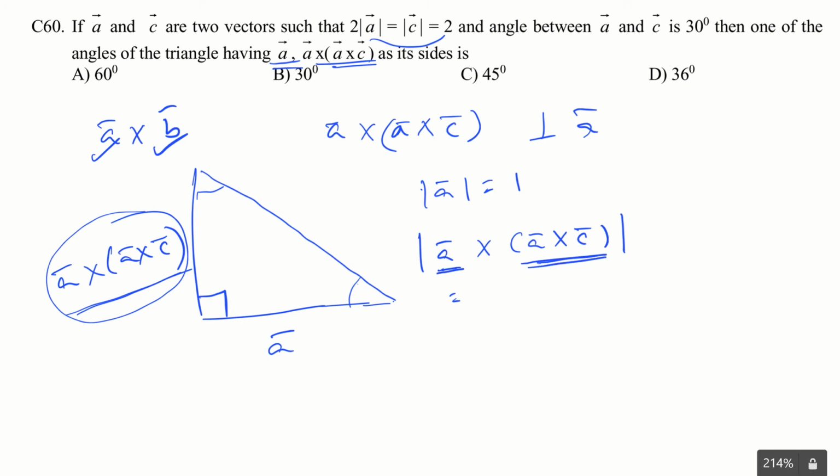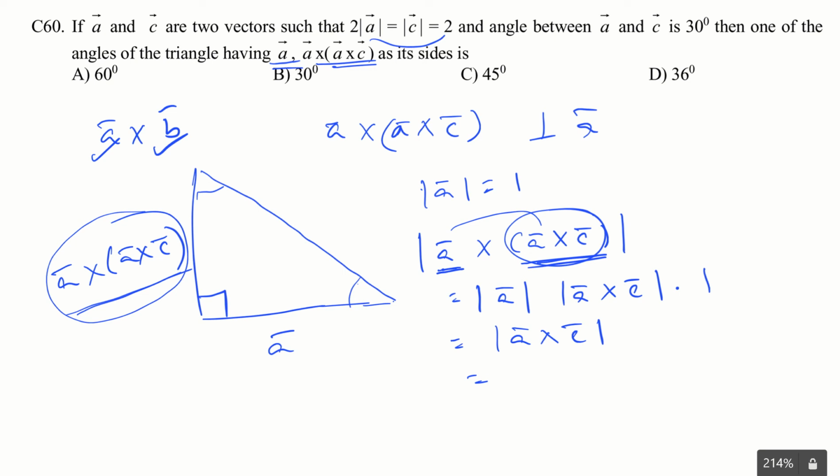Treat it as mod a bar into mod b bar into sine of the angle between them. Obviously this vector is perpendicular to a bar, therefore sine 90 is 1. Mod a bar is 1. So it simply becomes mod of a bar cross c bar.